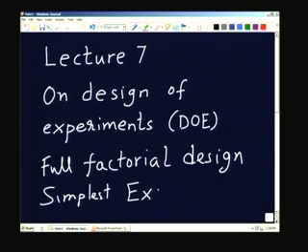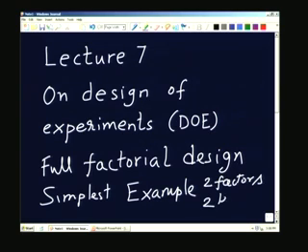which will be consisting of 2 factors and 2 levels. But this is like a representative case.